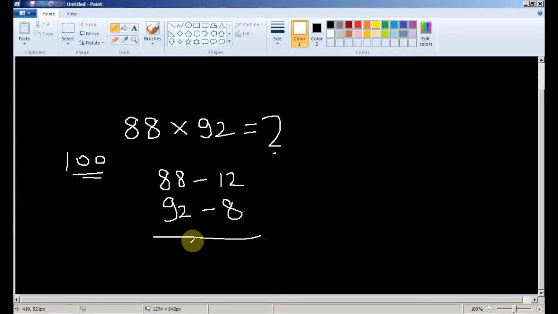Still I'm not getting the one which I like. I need to get 3-digit numbers, so I have to subtract. I need something like 91. I have to change this to 91, otherwise I won't get a 3-digit number for the second part.